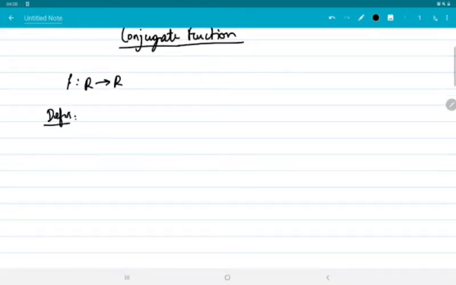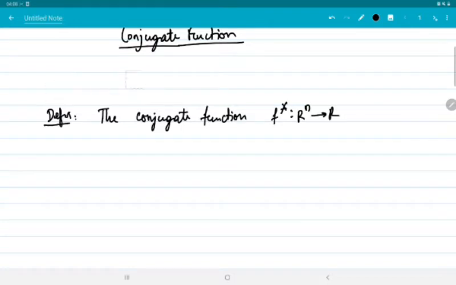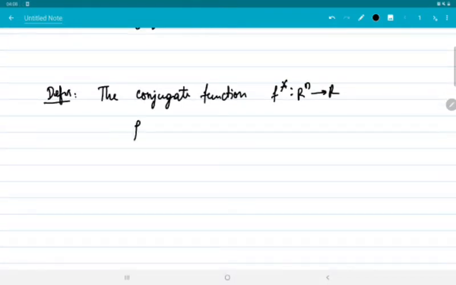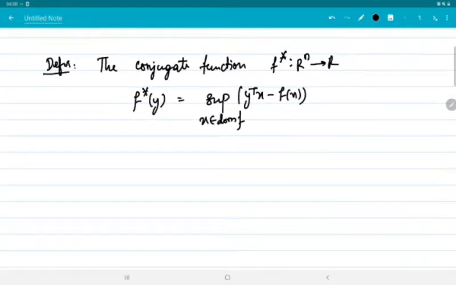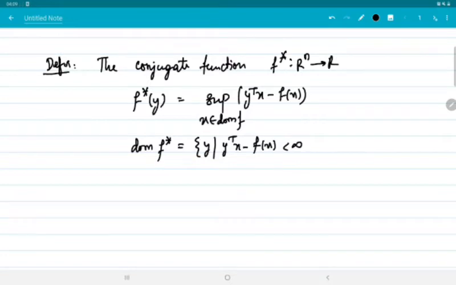Definition: the conjugate function f star from Rn to R is defined as the supremum of y transpose x minus f(x) over the domain of f, and the domain of this function is given by the set of all y's such that y transpose x minus f(x) is finite for all values of x in the domain of f.